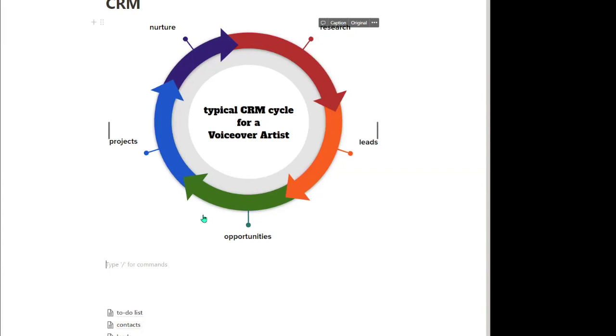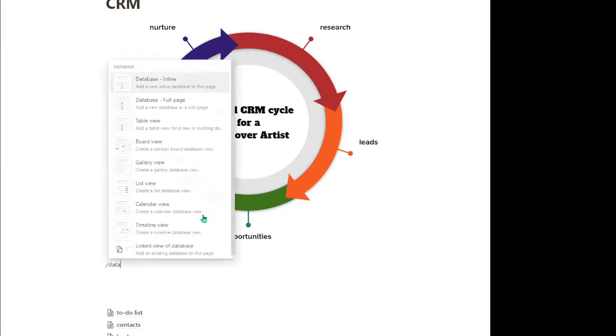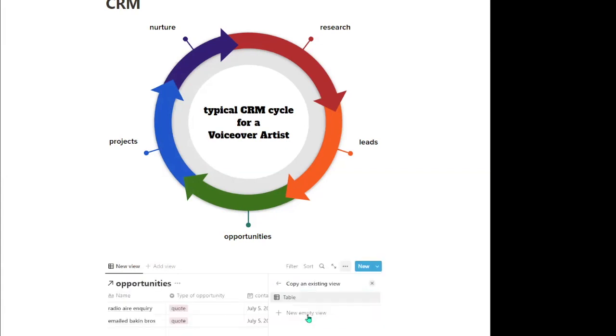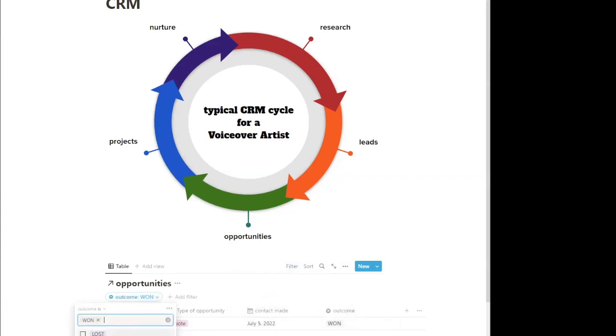So if we just type / as ever and go to database, and we just want a table view of a database, we can say that we want to go to those opportunities, and it shows them, okay? And we want to show just the filter where the outcome was 1.